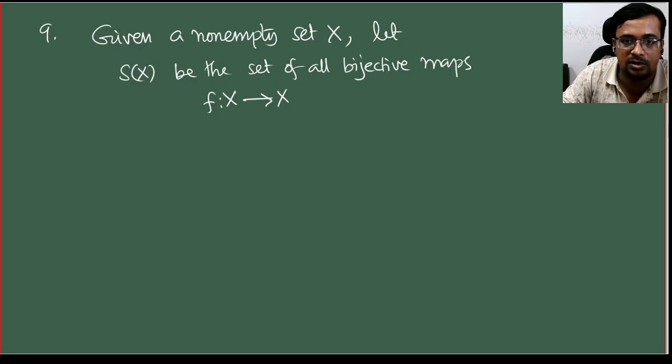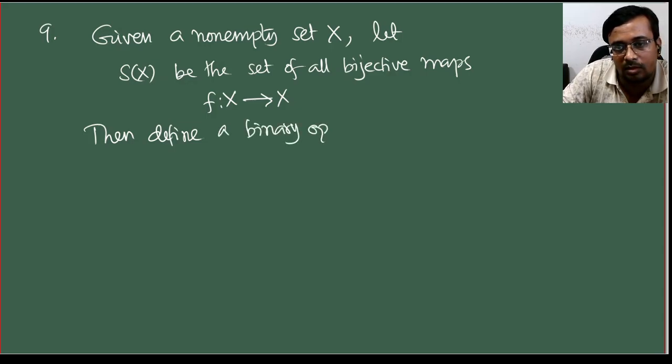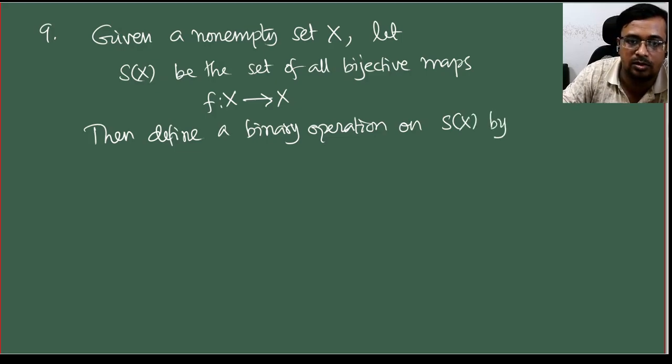now we have a composition of two maps. Then define a binary operation on Sx by composition of two maps.